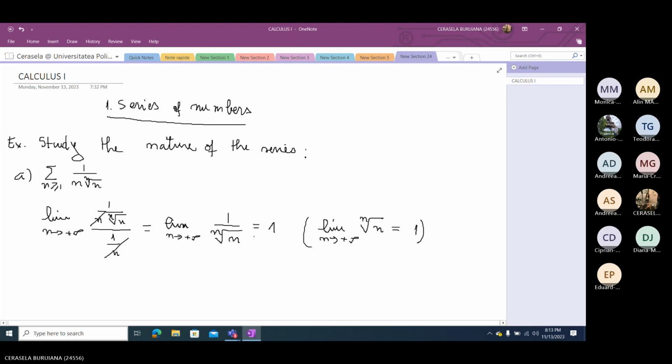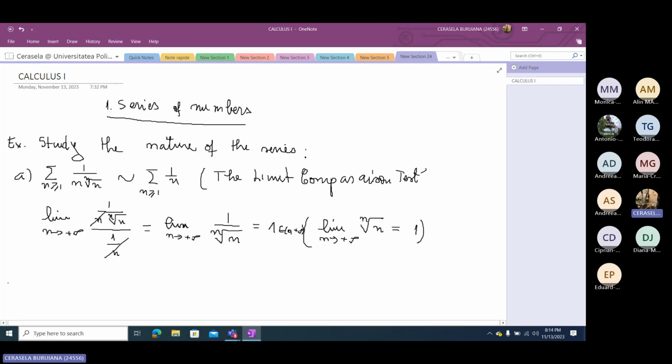So this limit is 1, it's between 0 and infinity. We know that in this case, from the limit comparison test, our series has the same nature as 1 over n. And I write what convergence test I use. It's the limit comparison test. Okay.